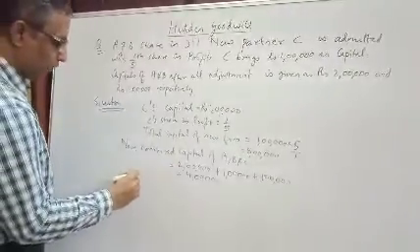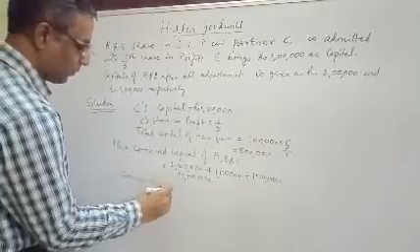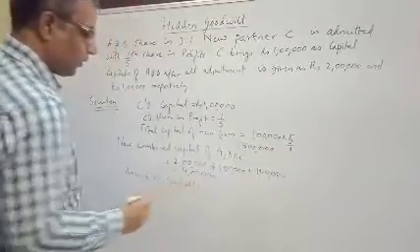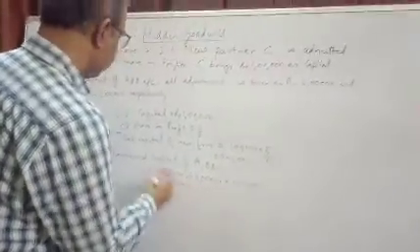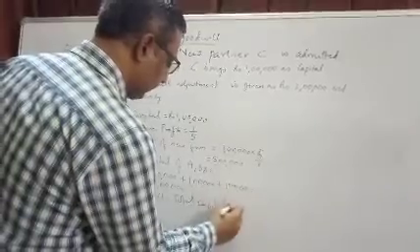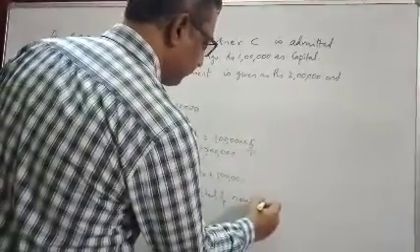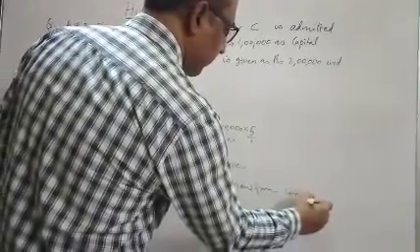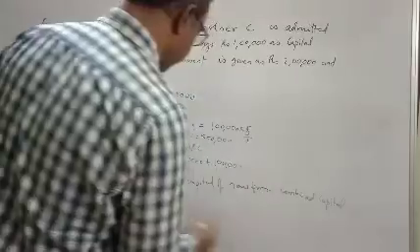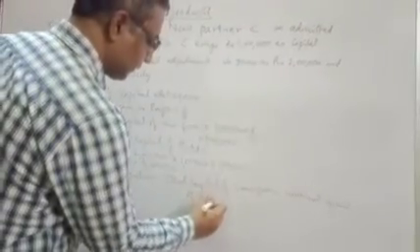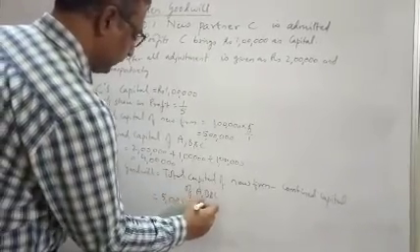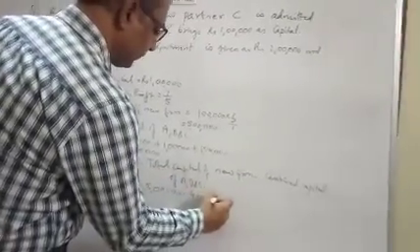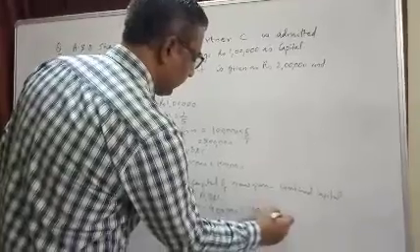Therefore, the amount of goodwill will be total capital of new firm minus combined capital of A, B and C, which is 5 lakh minus 4 lakh, which is equal to 1 lakh.